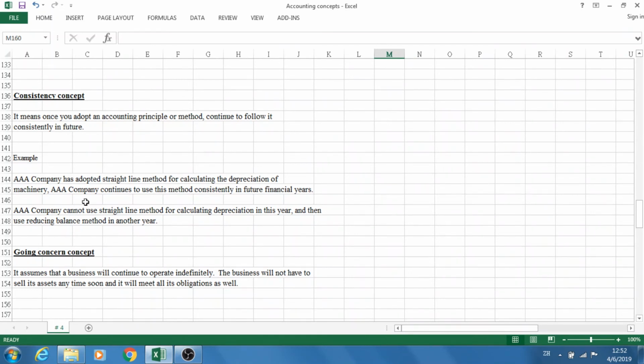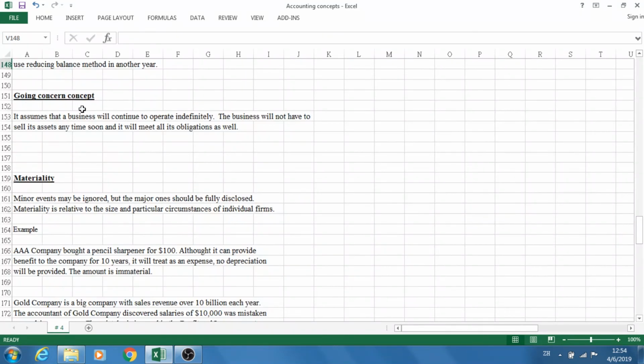AAA company continues to use this method consistently in future financial years. AAA company cannot use the straight line method for calculating depreciation in this year, and then use the reducing balance method in another year.